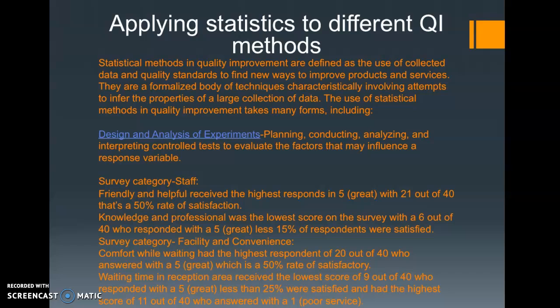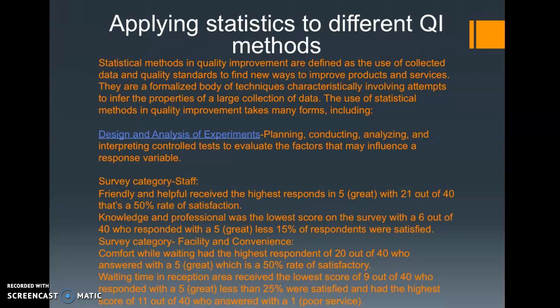So let's take a look at the statistics when we did a survey at Chaparral Regional Hospital a few weeks back. Let's take a look at the survey category of staff.